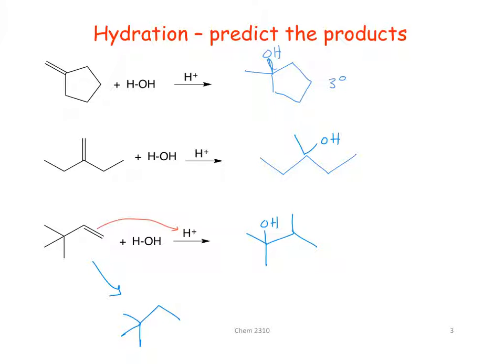We protonate on the end, so we get the secondary carbocation. And remember what happens here. We have a secondary carbocation with a highly substituted position adjacent to it. So we can get a 1,2 hydride shift. Not hydride, but a methyl shift, an alkyl shift, to form this tertiary alcohol. 1,2 alkyl shift.